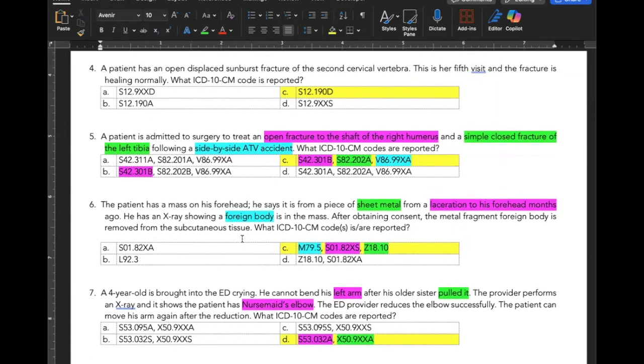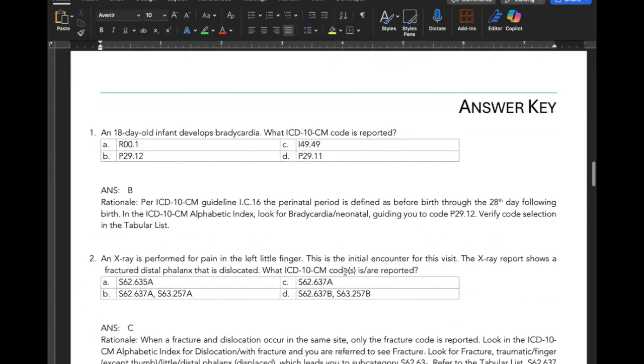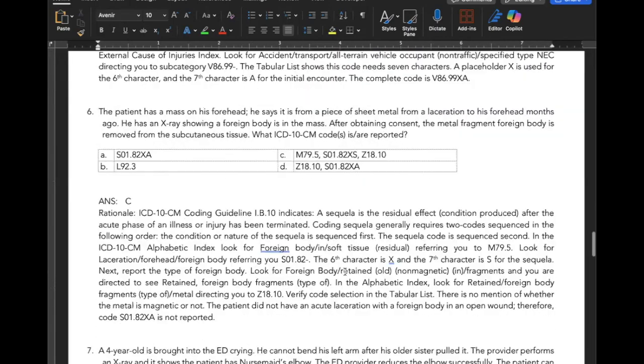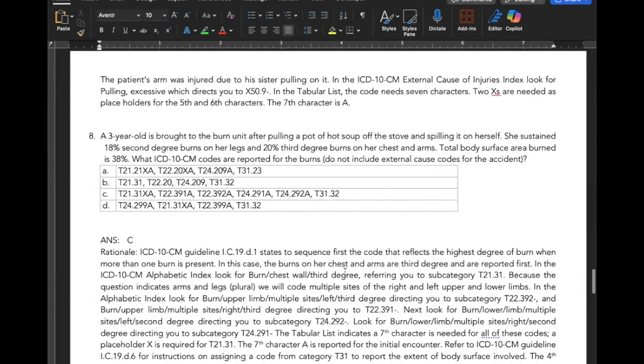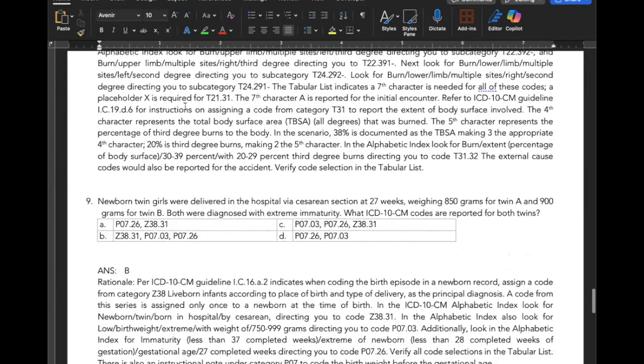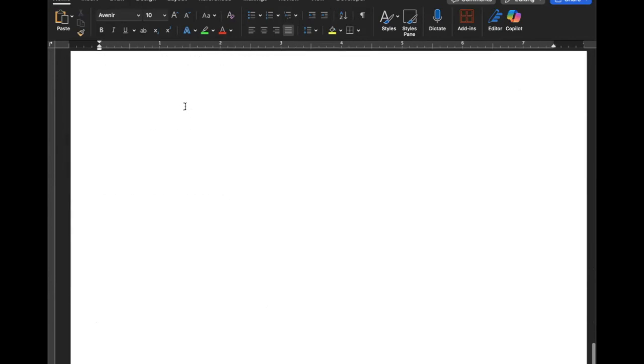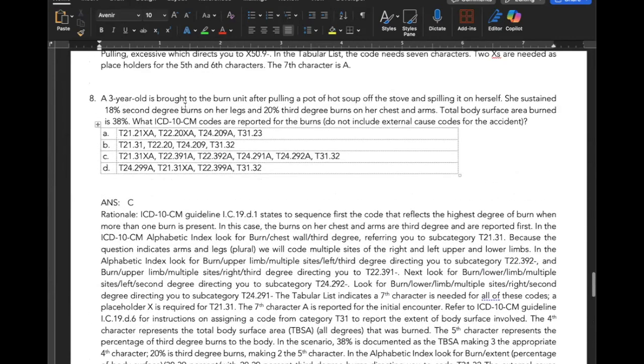Tonight we talked a lot more about some of the scenarios, so it's totally fun. But those are there if you guys want to try them. And then don't forget all the way down at the bottom, you've got your answer keys and your rationale. So if you struggle with them, especially this burn one, you've got really good descriptions and rationales that you can go through. Okay. And work on those.